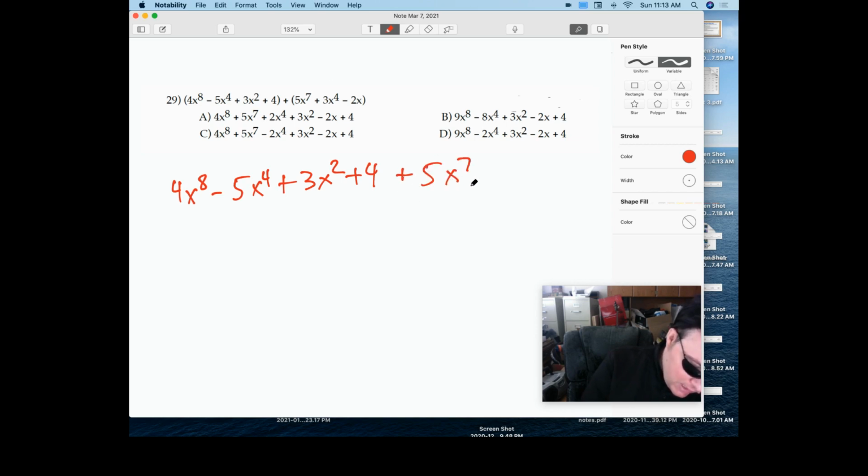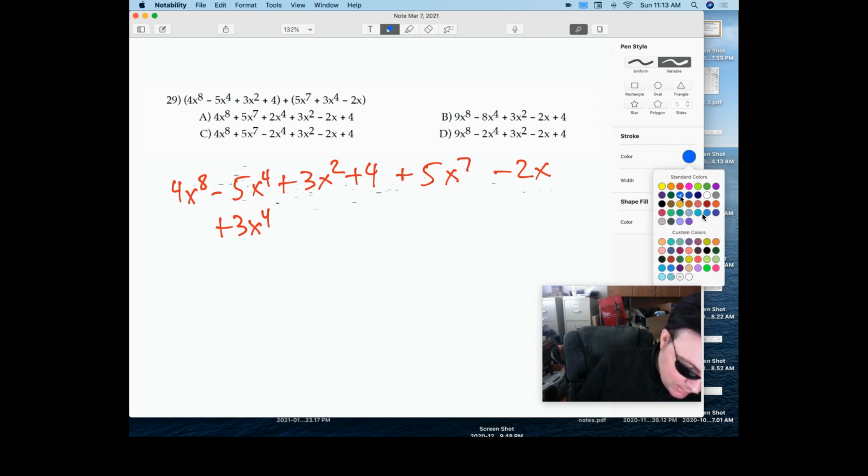Now I'm going to go plus 3x to the 4th here because I can put those together, and then minus 2x. So this looks hard, but it's just a bunch of values. The only thing that matches up here is the negative 5x to the 4th and the 3x to the 4th. So there's only two things that actually go together.